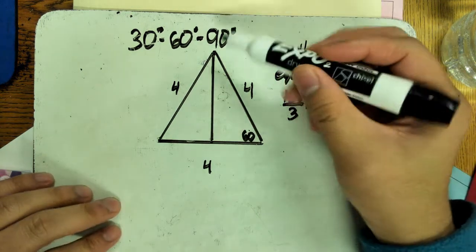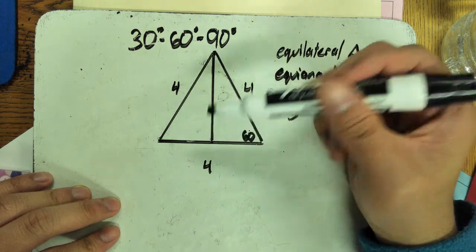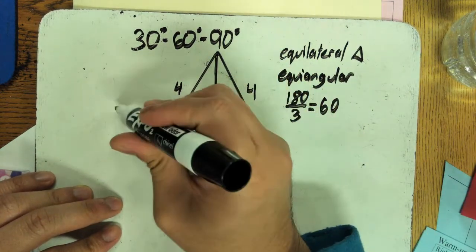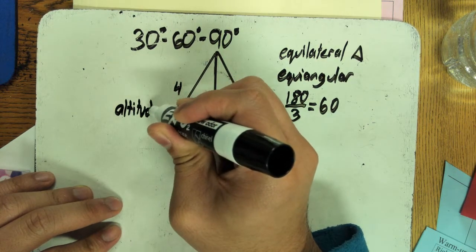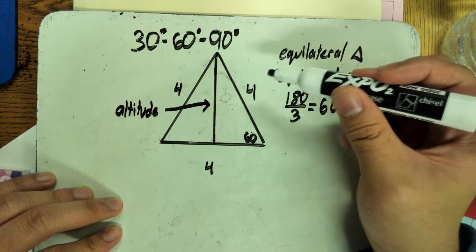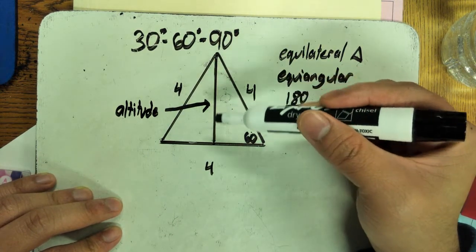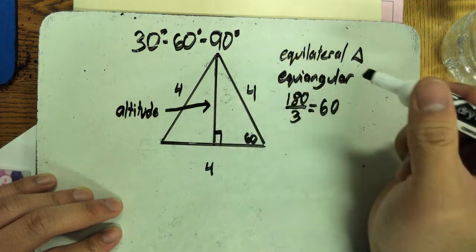So now let's cut this in half by drawing the altitude. Altitude is that line that goes from the vertex all the way down to the opposite side, forming a right angle.